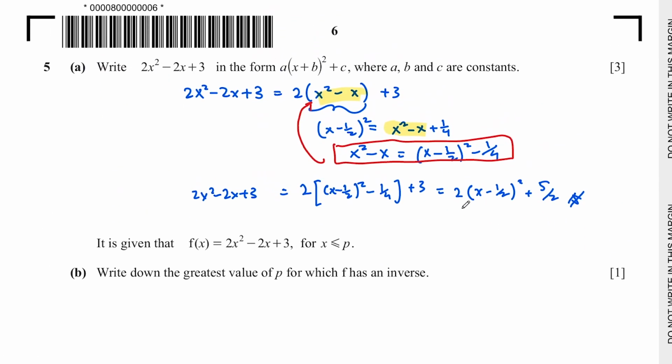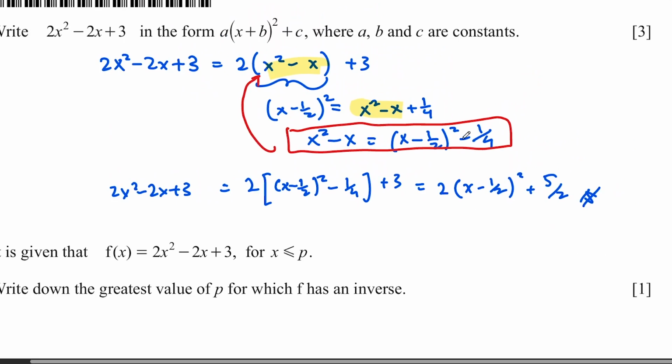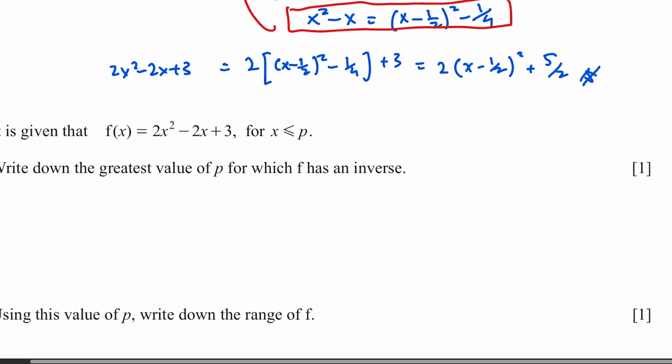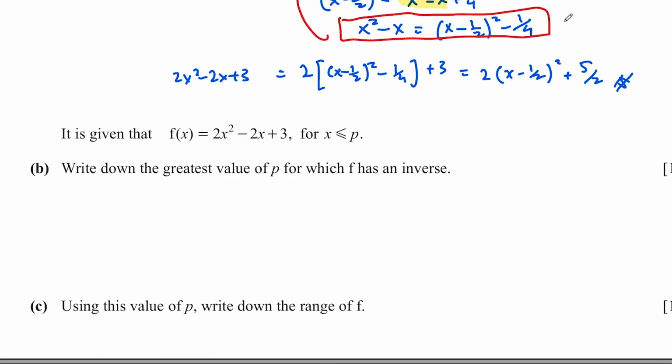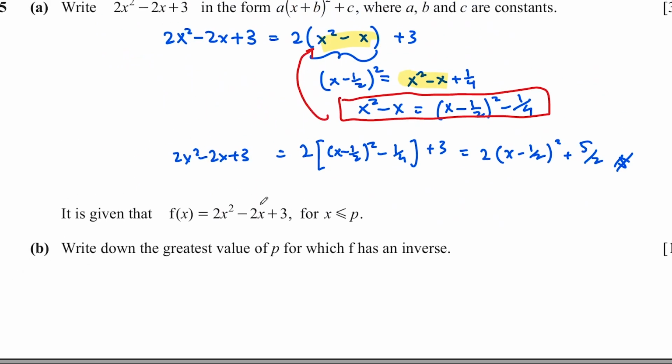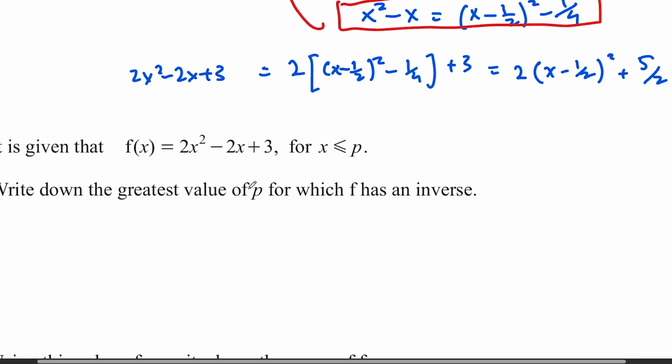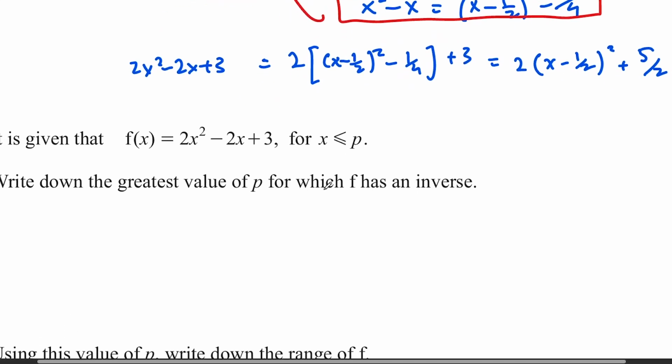Okay, and why we're doing this, it directly leads us to the next question, where we need to use this result to proceed to the interpretation of a function. We want to find the greatest value of p for which f has an inverse. Just a quick recap: only a one-to-one function has an inverse.